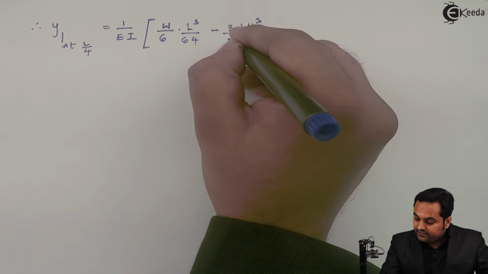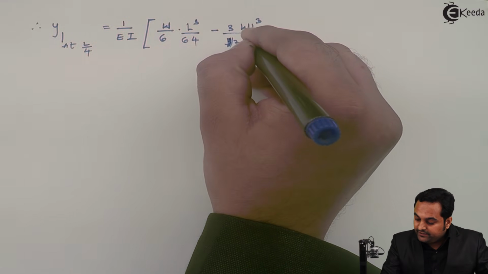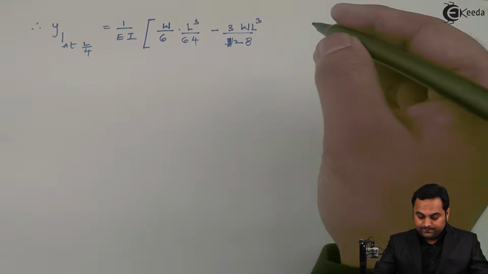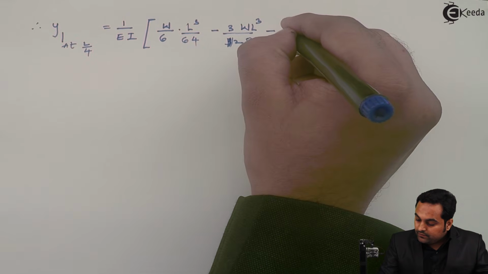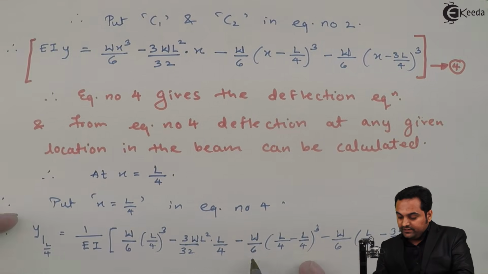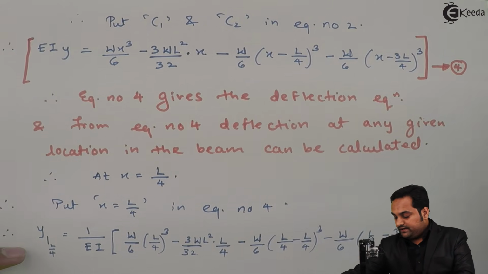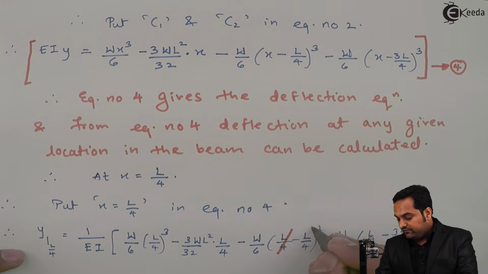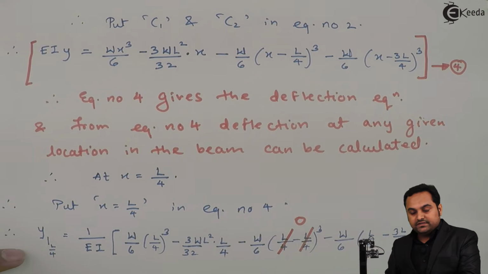So here I can directly write this as 128, then minus W by 6, and this second term would be directly equal to 0 because L/4 minus L/4 gets cancelled.